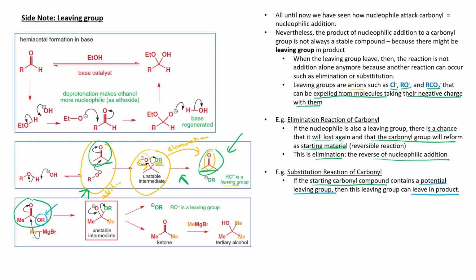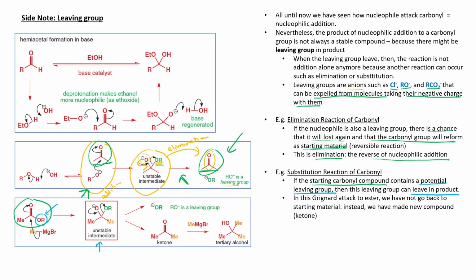For example, let's say you use this Grignard reagent. We have learned before, Grignard reagent will behave like a nucleophile. It will attack this electrophile, this ketone here. They will attack this thing, and then same as normal, when you attack making a bond, then another bond will be broken, and then you get this unstable intermediate.